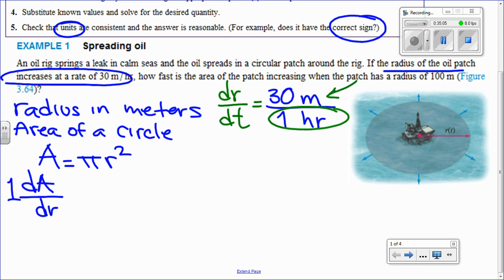That equals pi as a constant, but it's multiplying the r squared. So here we're going to use the power rule. It would be 2 times pi r to what power? To the first, right? So we do it like that. And let's go ahead and use dr dt right here.